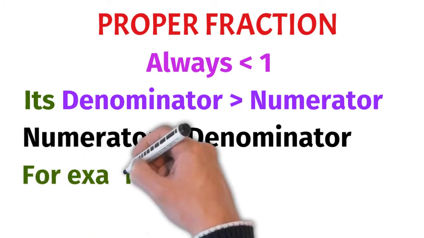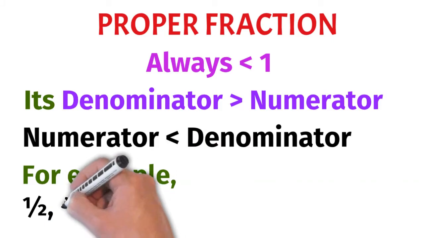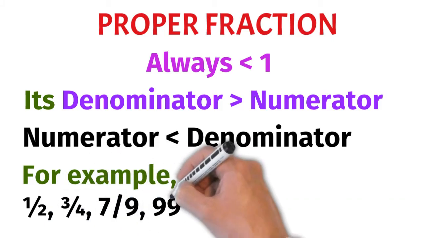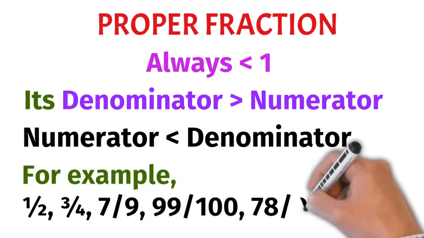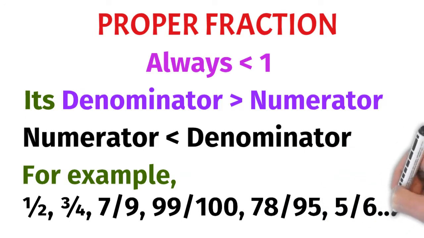For example, 1/2, 3/4, 7/9, 99/100, 78/95, 5/6 and so on. Here we can see the numerator 1, 3, 7, 99, 78 and 5 are less than the denominators 2, 4, 9, 100, 95 and 6 respectively.